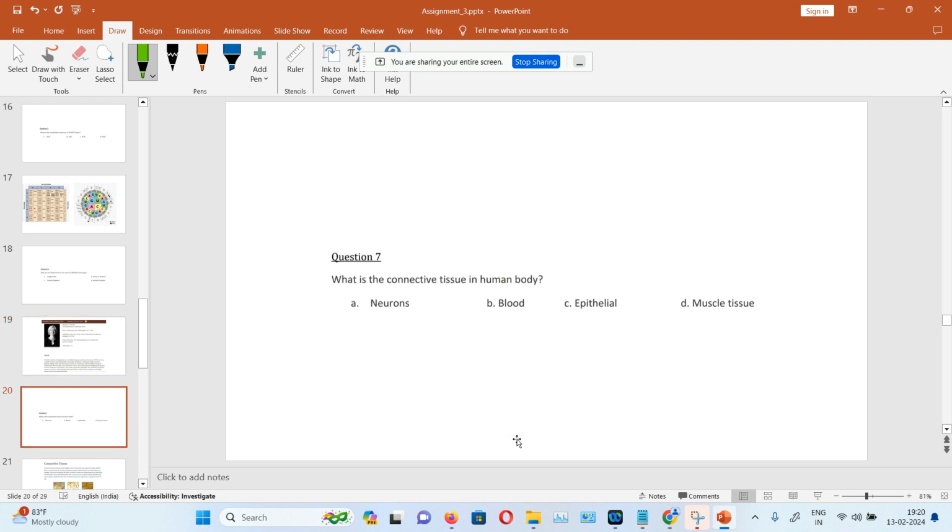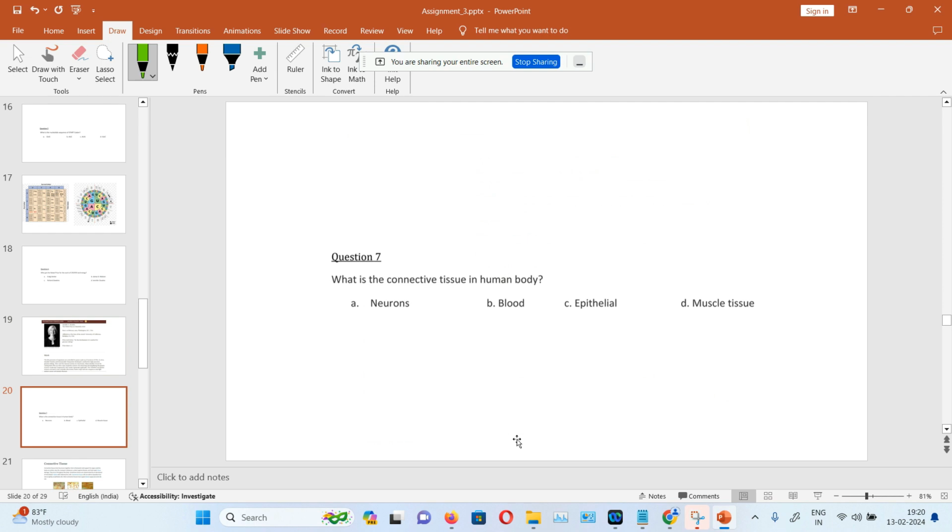Now, what is the connective tissue in the human body?